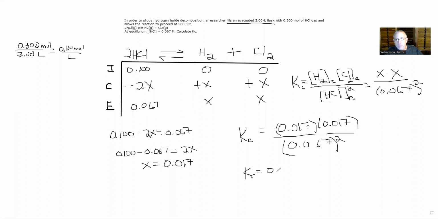I'm going to check it a third time. 0.064, right about thereabouts. Check one more time. Okay, so 0.017 times 0.017 divided by 0.067 squared. Okay, yeah, I think that's it. Okay, and that's how you do that. I hope that helps.